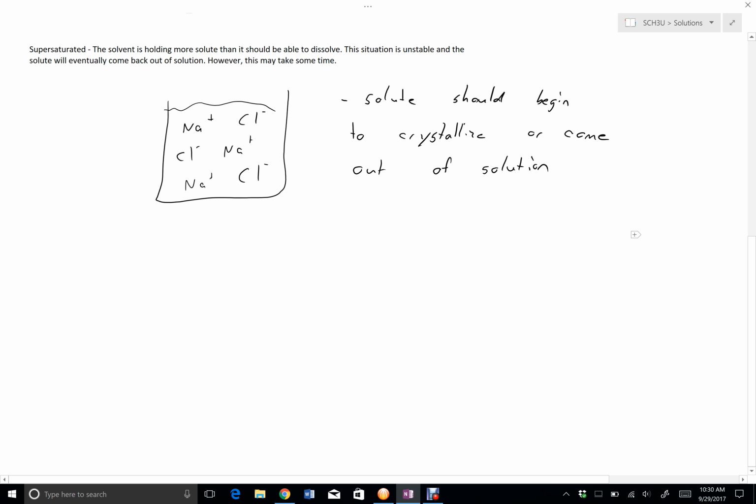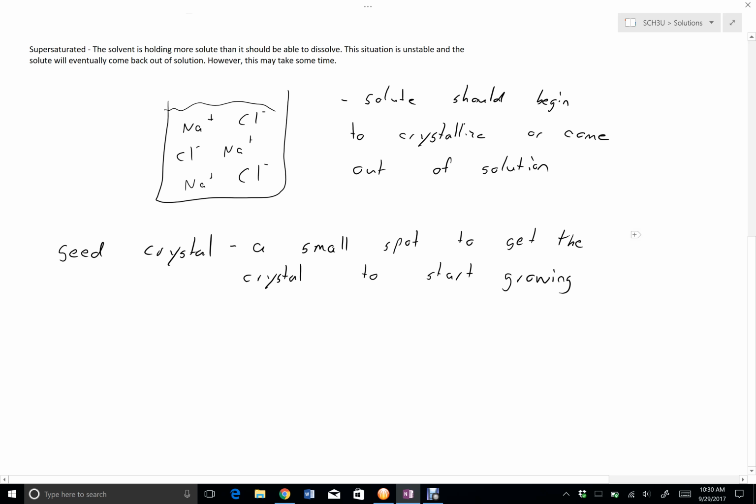They might, depending on the nature of the crystal, require a seed crystal, essentially a material where the crystal can start growing from, to get the crystallization process to happen a little bit more quickly or to get it started.